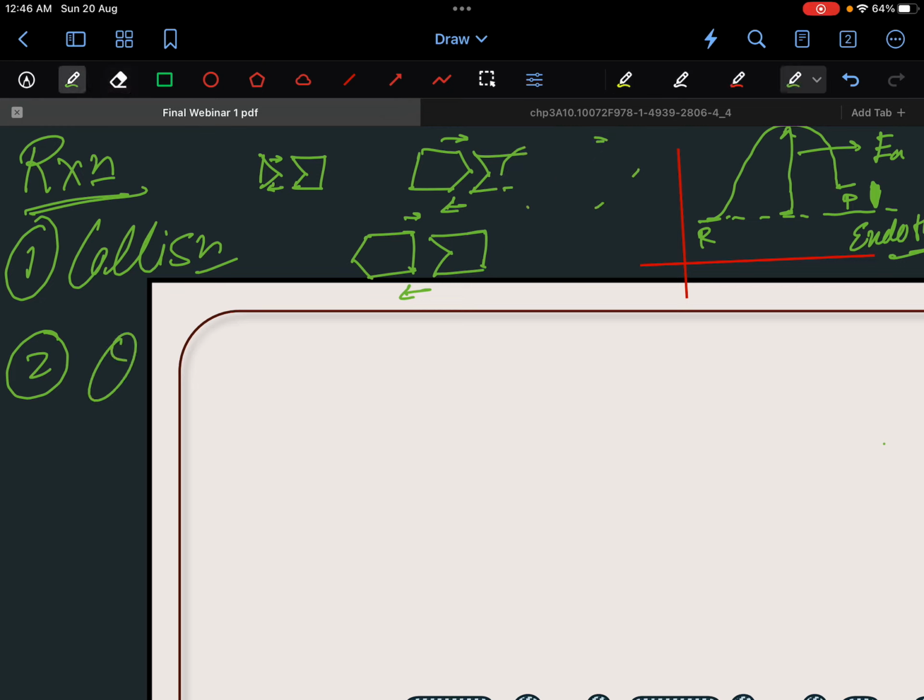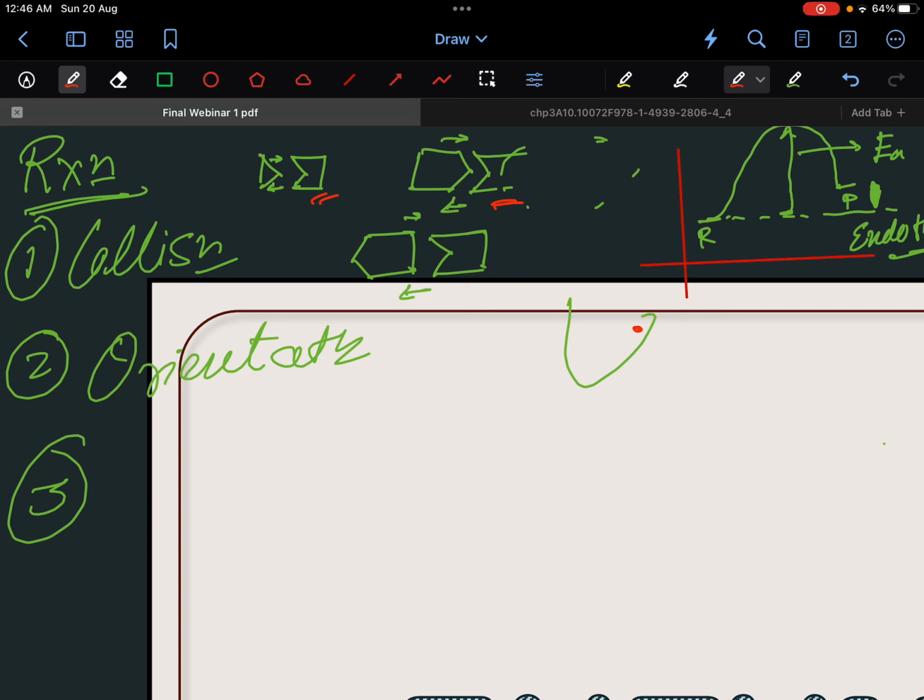Orientation, right? And another thing is very important. If some of the reactants have not crossed the activation energy, will they be able to form the product even if the collision is there and they are in the right orientation?